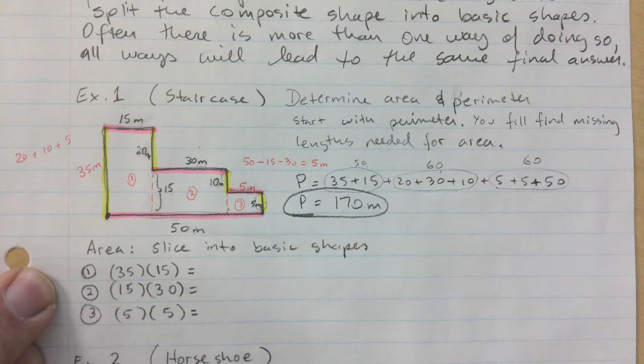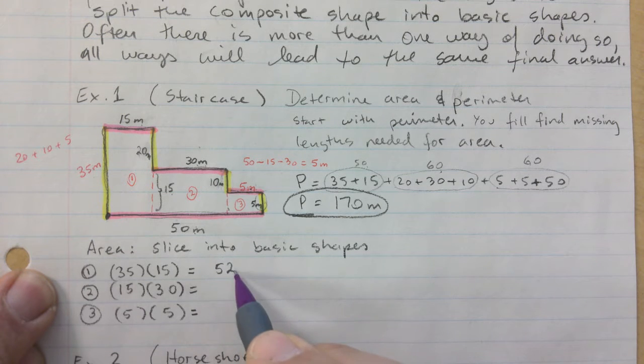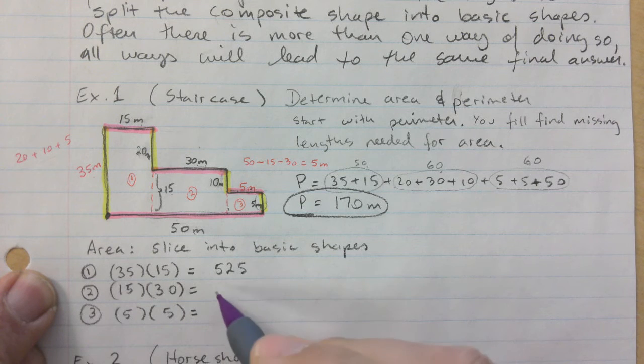Now let's calculate it using our calculator, right? So 35 times 15. This is 525. 15 times 30, that's 450. And 5 times 5, you can use mental math there. That's 25.